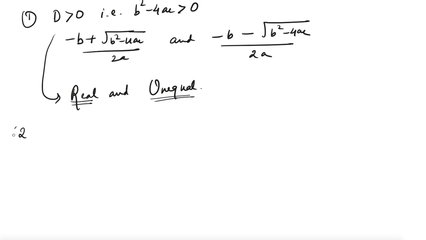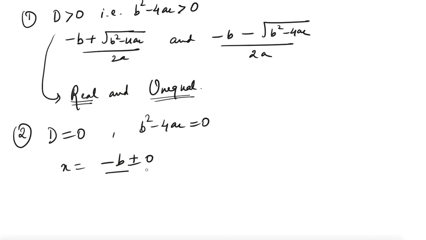Second case that we can come across is when D is equal to 0. Okay, that is when b square minus 4ac is equal to 0. Then the roots will become minus b plus minus 0 by 2a, that is only minus b by 2a. Now everything is defined.